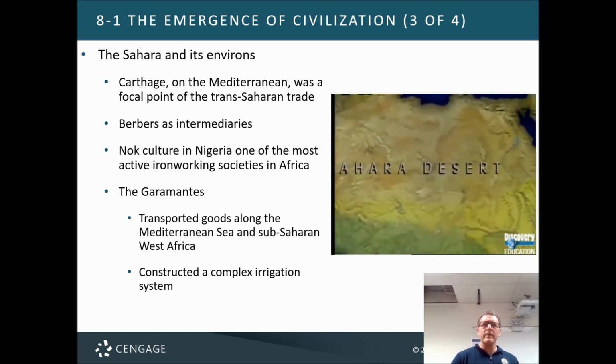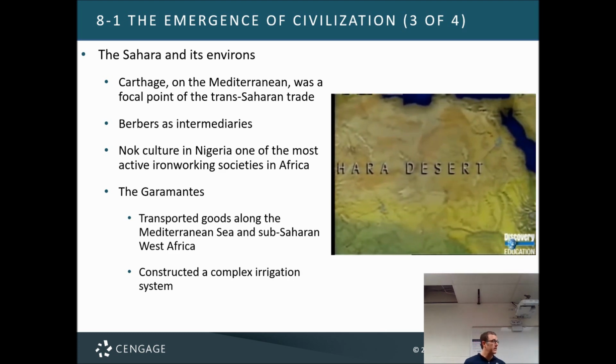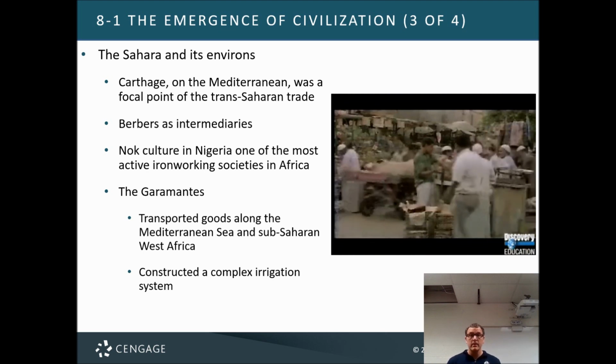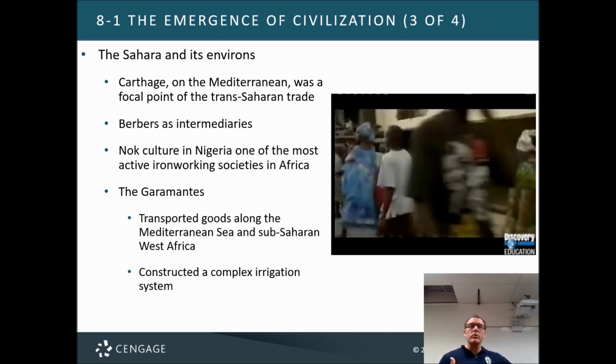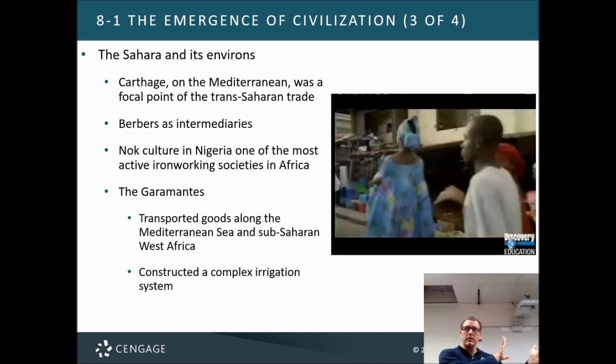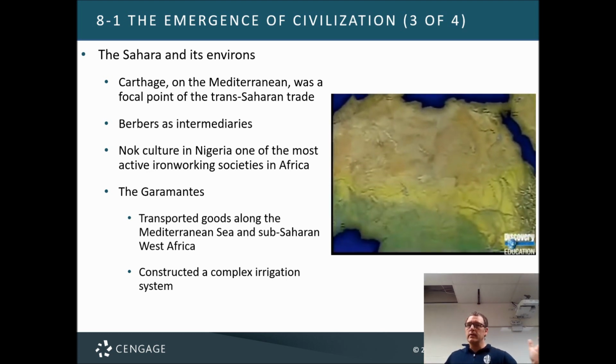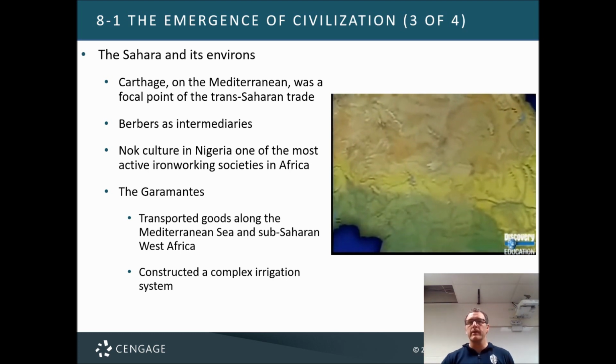So Meroe and Aksum were part of this vast trading network, and it extended from the shores of the Mediterranean, so in the north, all the way to the Indian Ocean, which is the east coast of Africa.